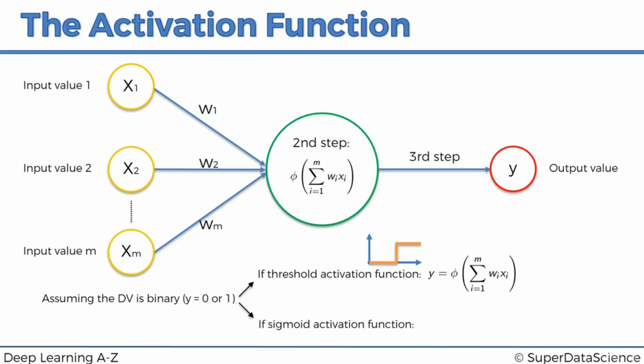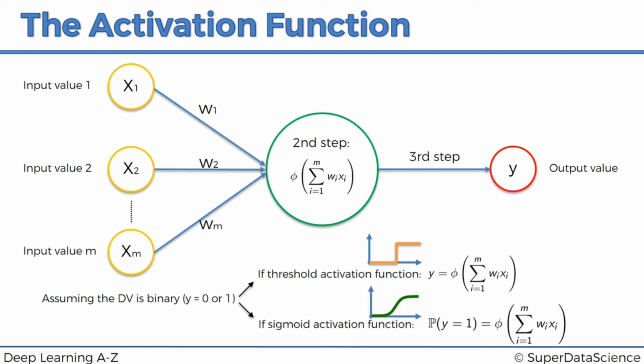And in the second case, what you could use is the sigmoid activation function. It is actually also between 0 and 1, just what we need, but at the same time, you want it to be just 0 or 1, right? So it's not exactly what we need, but in this case, what you could use it as is the probability of y being yes or no. So we want y to be 0 or 1, but instead we'll say that the sigmoid activation function tells us the probability of y being equal to 1.